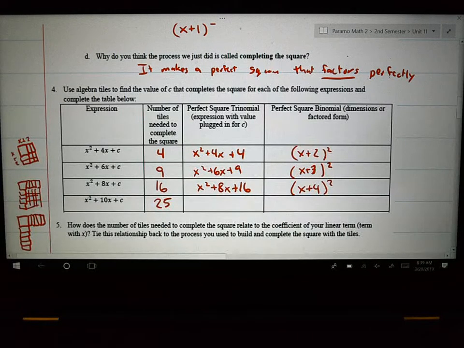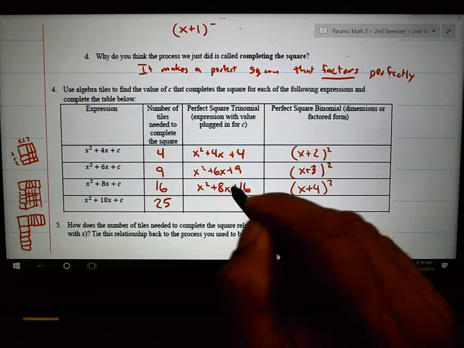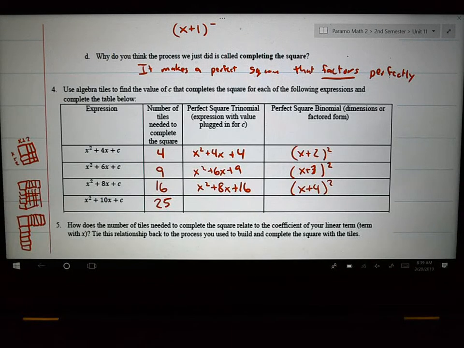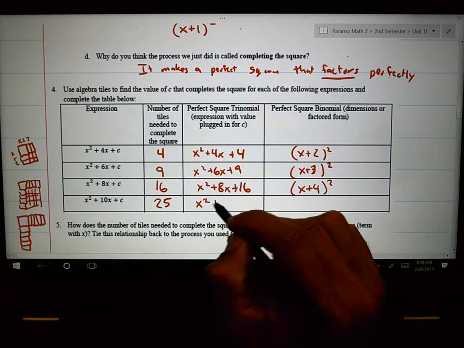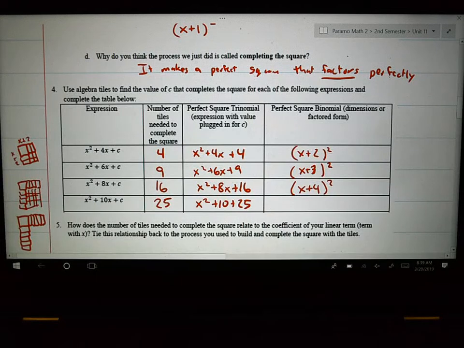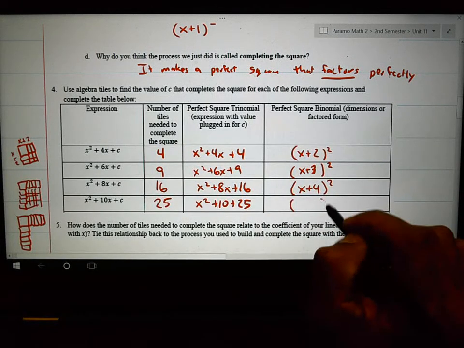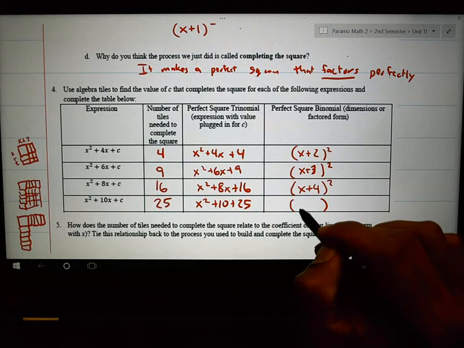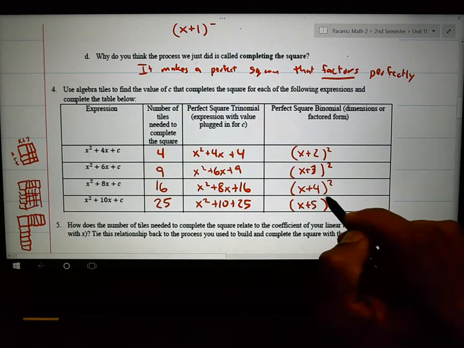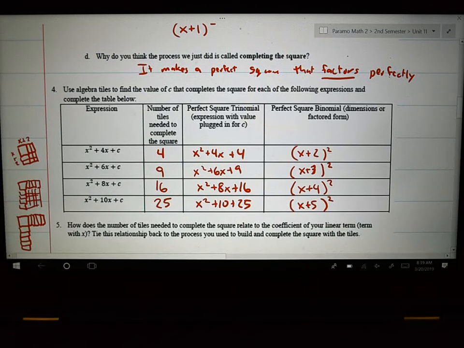That's better than the other Math 2 teachers because we're doing this activity. I'm telling you. x squared plus 10x plus 25. Do you know what this is going to factor to? You are getting it if you said the quantity x plus 5 squared. Good.